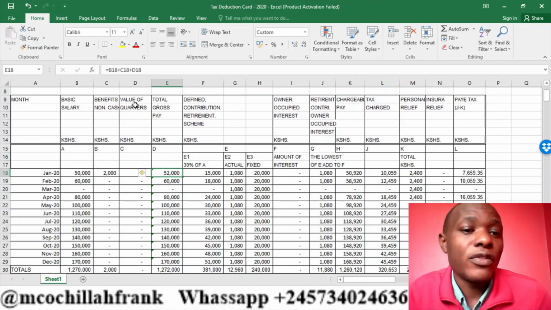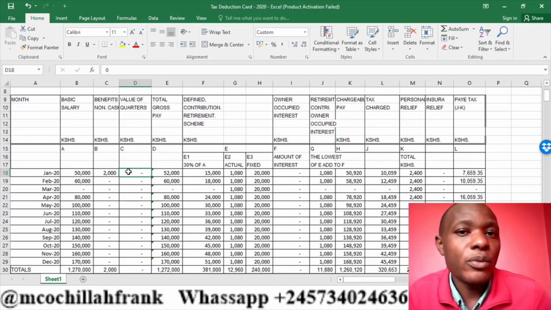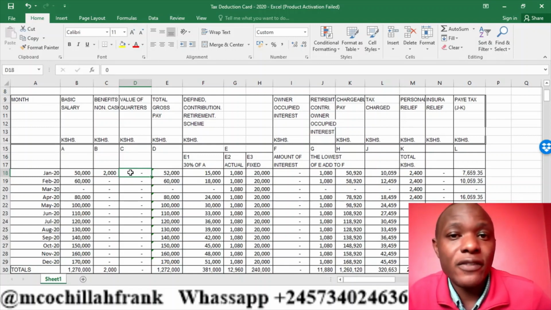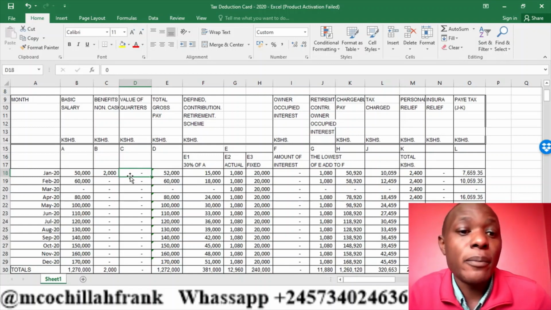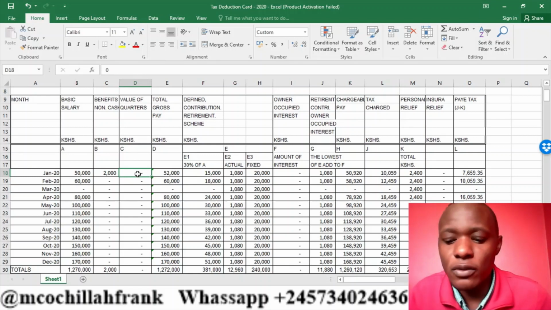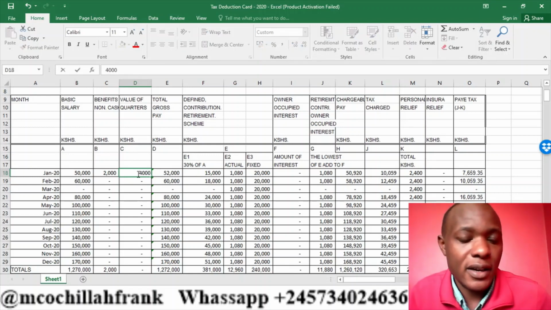Understand? So the value of quarters here is the house. This is only filled if you are housed by the employer. So these are benefits given, and you pay taxes for benefits given by the employer. So if the employer has housed you, you are supposed to give us the market value for that house here, the value of quarters.